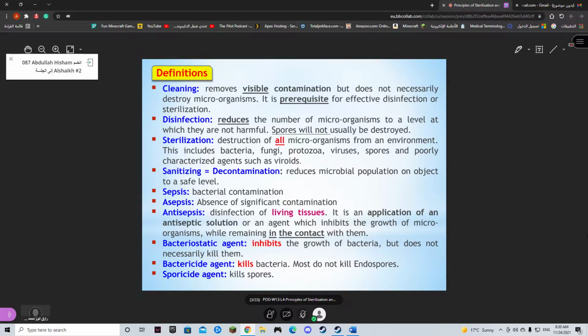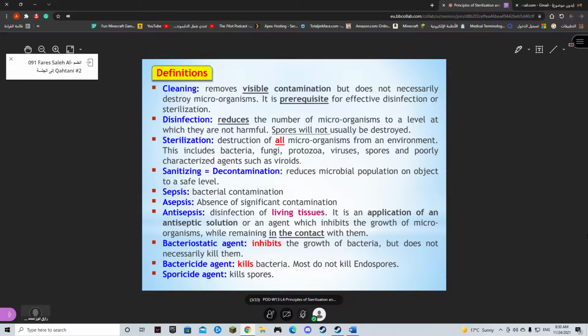But while doing sterilization, you kill everything, including virusoids, viroids, virions, and prions, which are only protein. So we call it sterilization.